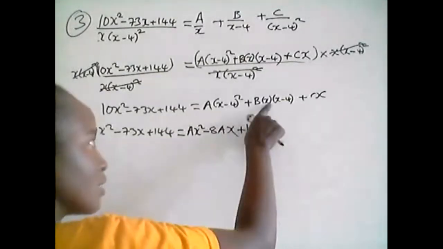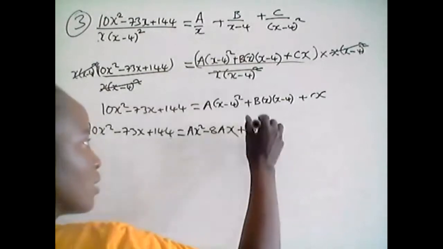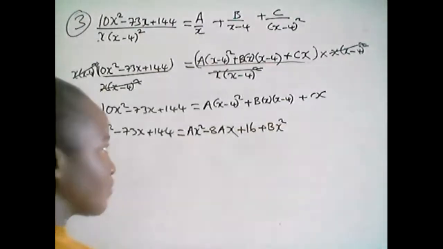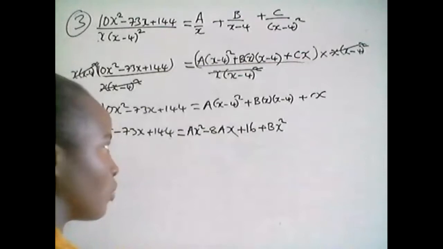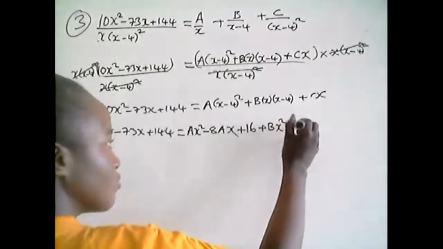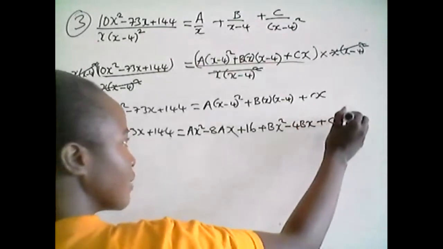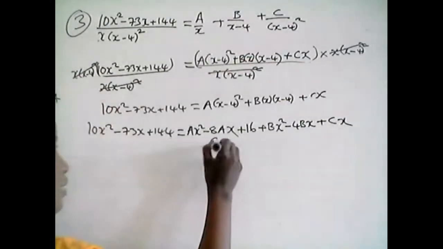We come to this side: x multiplied by x squared multiplied by b is plus bx squared. This same x multiplied by negative 4 will give us negative 4x multiplied by b, which is negative 4bx, plus cx. So we'll start with the coefficient of x squared.